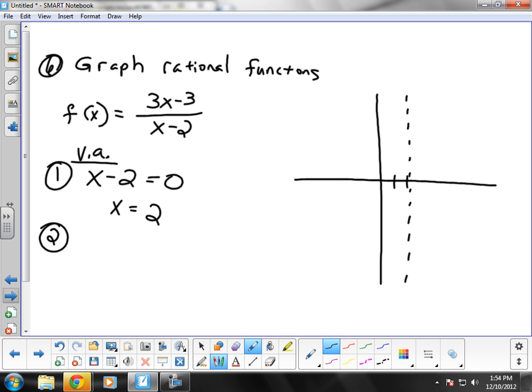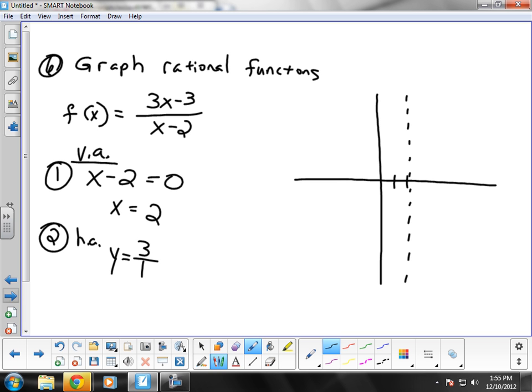Step number 2 ought to be talking about any horizontal asymptotes. Now, what do I have to check for the horizontal asymptotes? The degree. So the degree of the top is the same as the degree of the bottom. So the leading coefficient on the top is 3 divided by the leading coefficient on the bottom, which is 1.